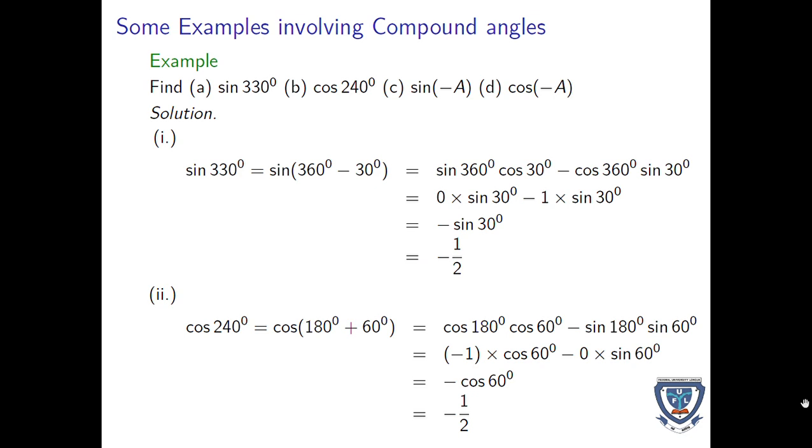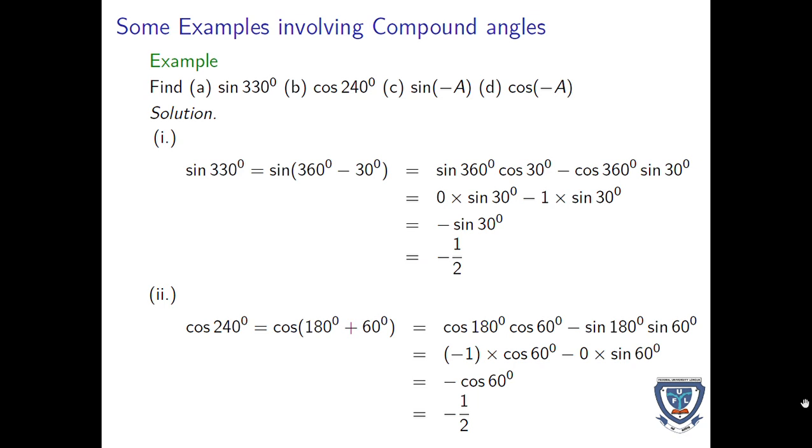Let's look at some examples involving compound angles. Example: find (A) sin 330 degrees, (B) cos 240 degrees, (C) sin(−A), and (D) cos(−A).